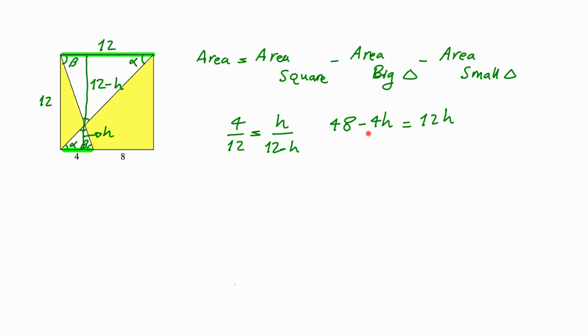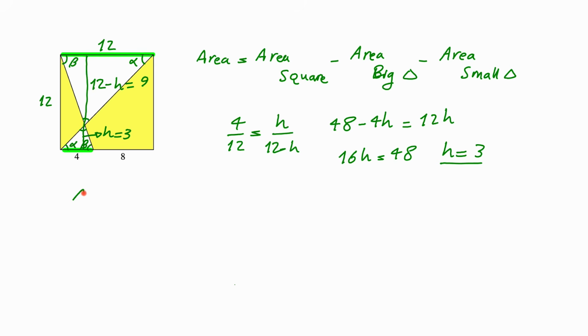And if we add 4h to both sides, we get 16h is equal to 48. And if we divide both sides by 16, we get h is equal to 3. So now we have the height, so h is 3, and the height of the big triangle is 12 minus h, which is 12 minus 3, it should be equal to 9.